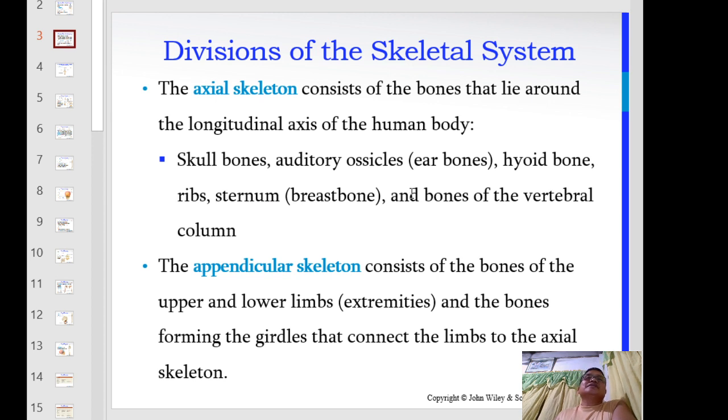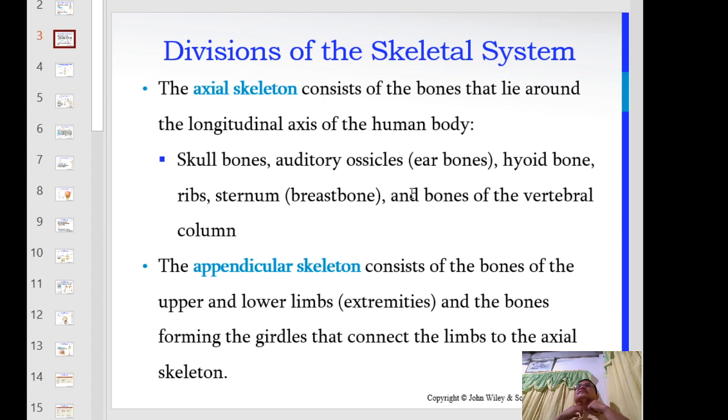So the axial skeleton consists of bones that lie around the longitudinal axis. When you say longitudinal, it's along the center, no? What is basically found here in the middle. That includes your skull, the bones of the ears, hyoid, ribs, and sternum. The hyoid is a bone here below the mandible.